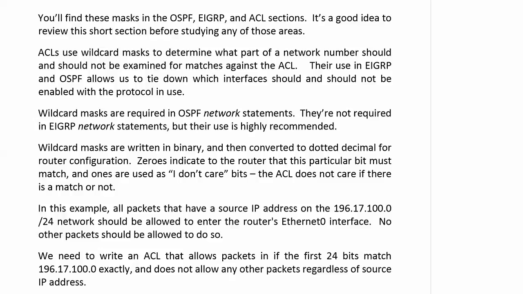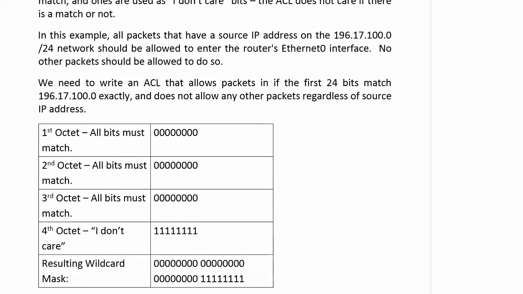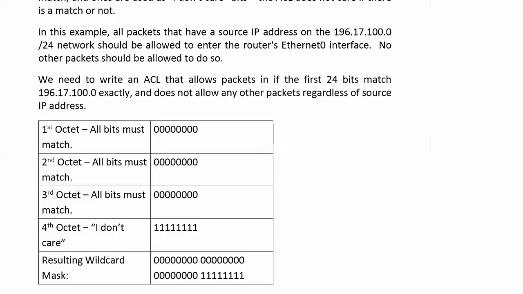Now, this is definitely the kind of wildcard mask you could write without writing all the binary out once you've practiced it, because you could look at this one and tell what it ought to be. But I want to show this to you because it illustrates what I'm talking about with these ones and zeros. If we need to match on 196.17.100 exactly, that means the first 24 bits of our wildcard mask will be zeros.